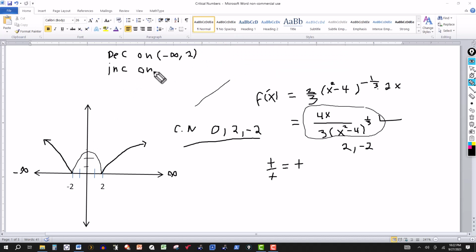So increasing, -2 to 0. And then from 0 to 2, it drops or decreases. So it's decreasing on the interval from 0 to 2. And then on the interval from 2 on, it's increasing. So again, decreasing on negative infinity to -2, increasing on -2 to 0, decreasing on 0 to 2, increasing on 2 to infinity.